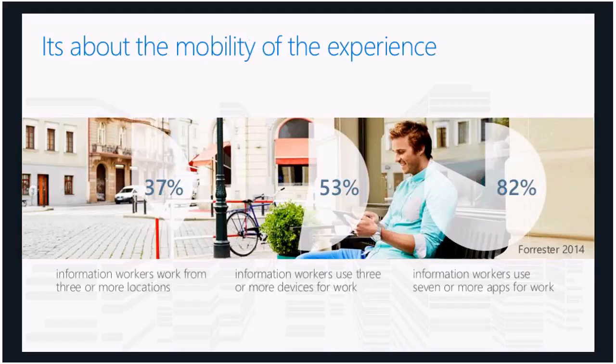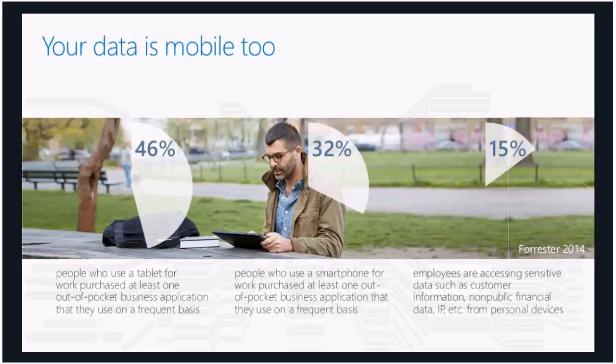One of my other big statistical ones I love is that 37% of people work from 3 or more locations in a given day. And the bigger one comes in this next slide: 15% of employees are accessing data from mobile, remote, or BYOD style devices.